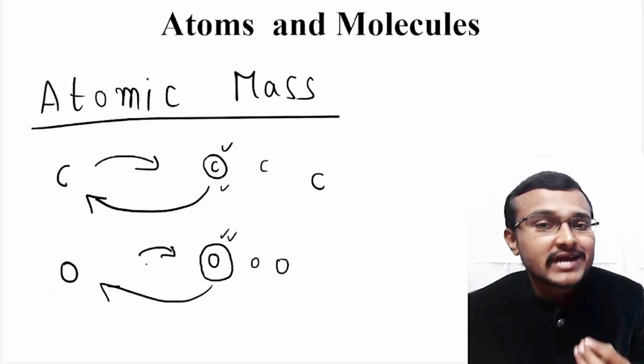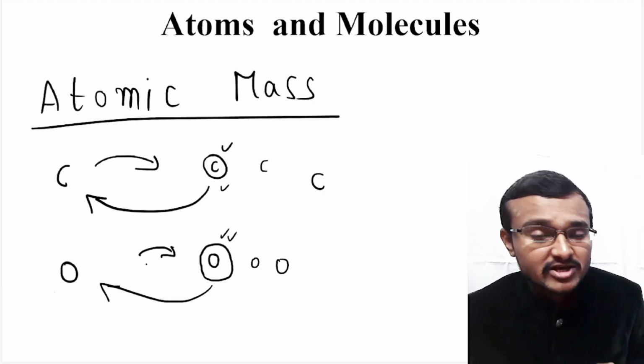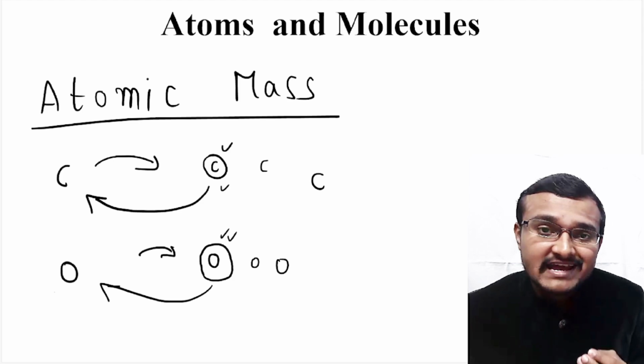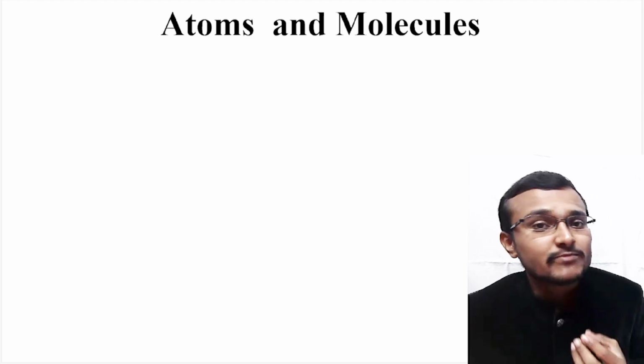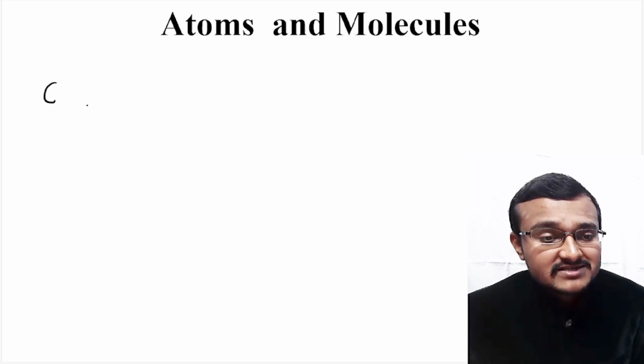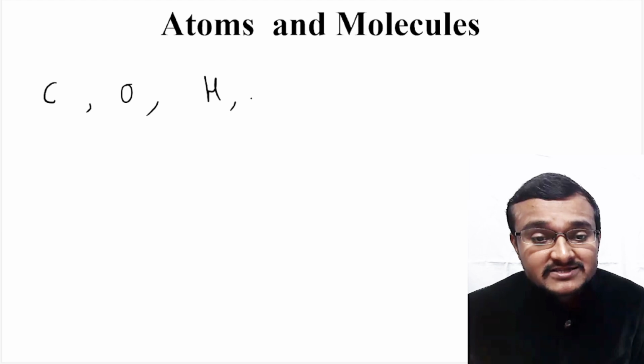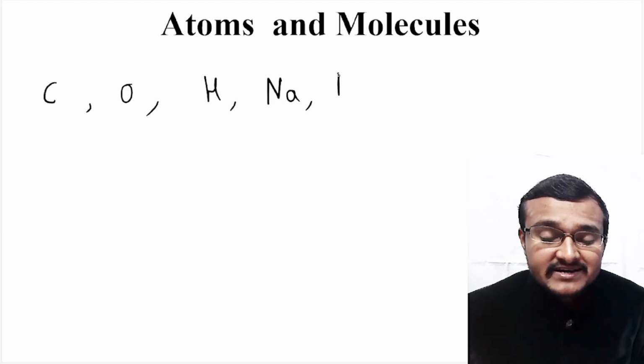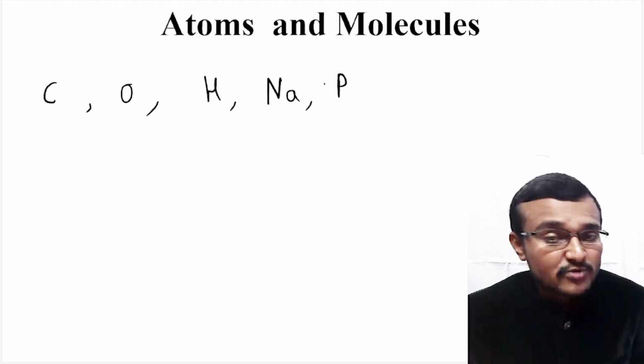But how to calculate this particular atomic mass? Because we know each and every element has different atomic mass, because carbon has different atomic mass, oxygen has different atomic mass, hydrogen has different atomic mass, sodium has different atomic mass, even phosphorus has different atomic mass.